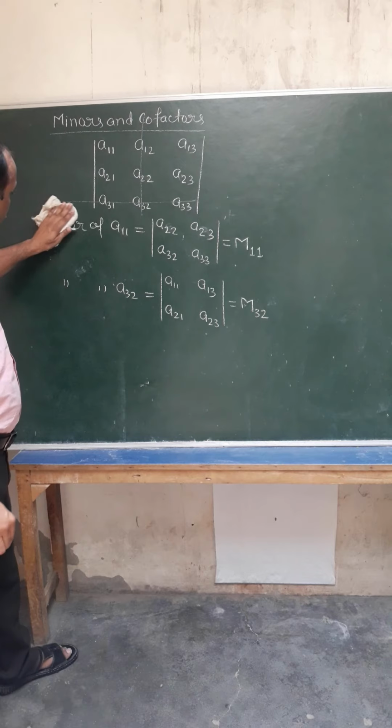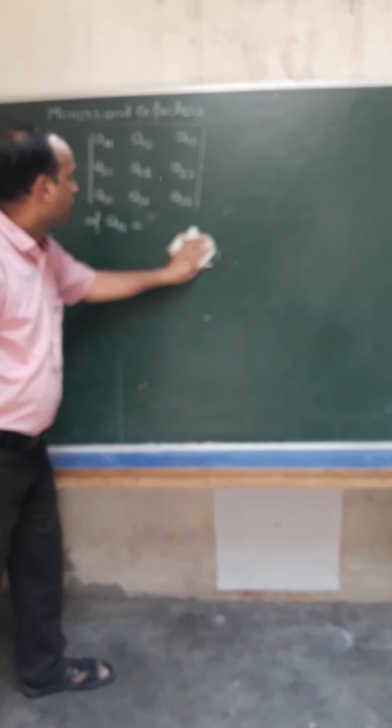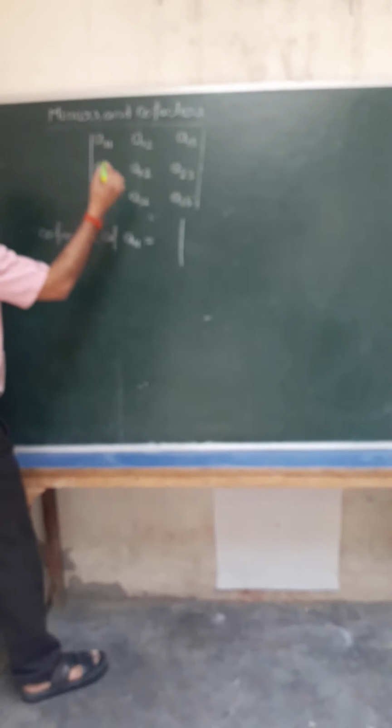Now when we want to find the cofactor, first I will find the cofactor of A11. For A11, again we have to hide the first row and first column and write the minor.